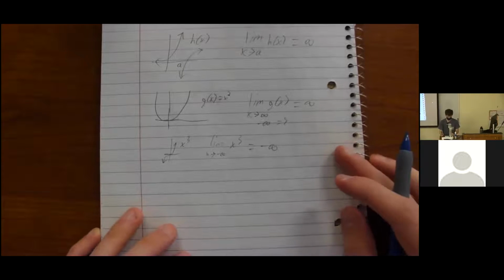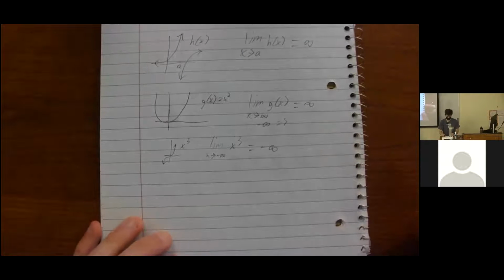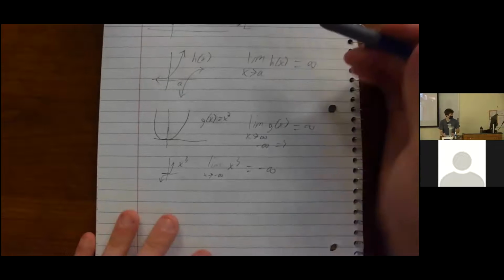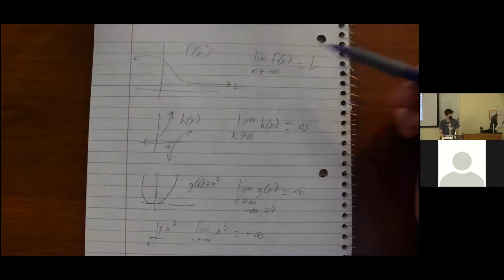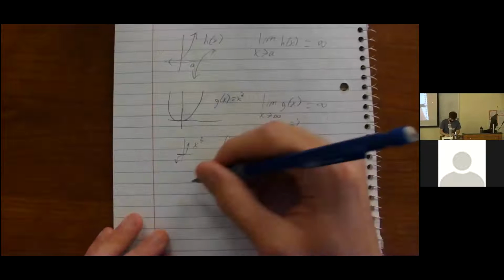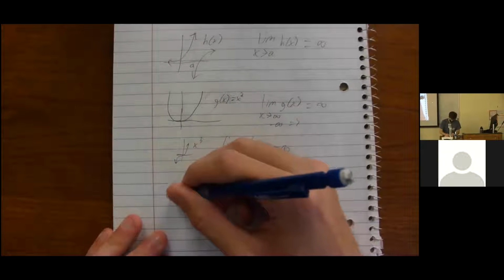Okay. So we've covered three cases. One where we plug in infinity and get a number out. One where we plug in a number and get infinity out. One where we plug in infinity and get infinity out. So what about plugging in a number and getting a number out? Well, this is exactly what we've always been dealing with.